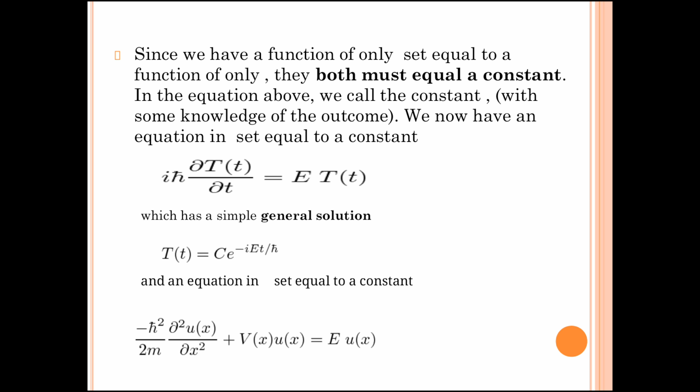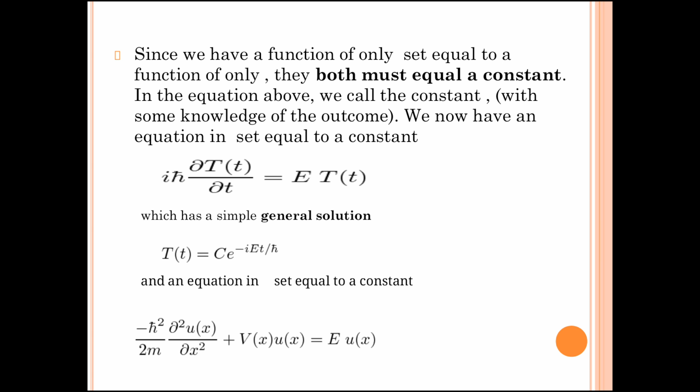Now we have an equation in t equal to the constant, so that i h bar into del T of t divided by del t is equal to capital E into T of t.